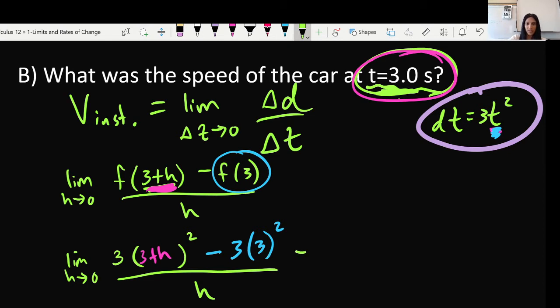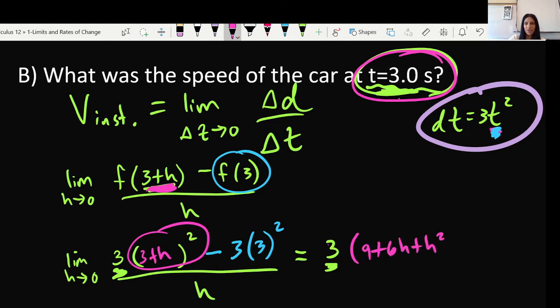Okay, so I'm going to start working this way to show you what's going to go on with this. When we take this and distribute it and multiply it out, I'm going to write this here so you can see, actually I'm going to make it green so you can see where it's coming from. That's just this 3 here. And then when we distribute 3 plus h times 3 plus h, what we're going to get is 9 plus 6h plus h squared.